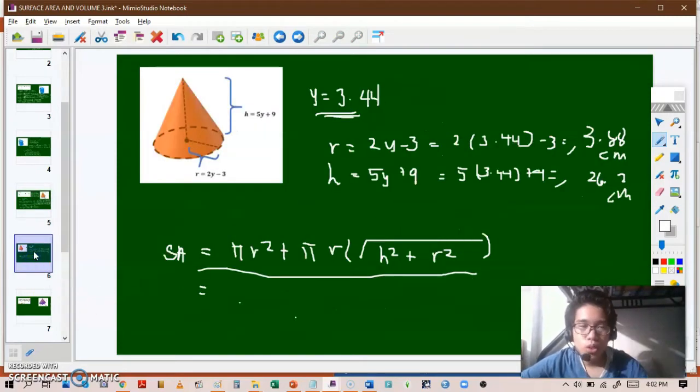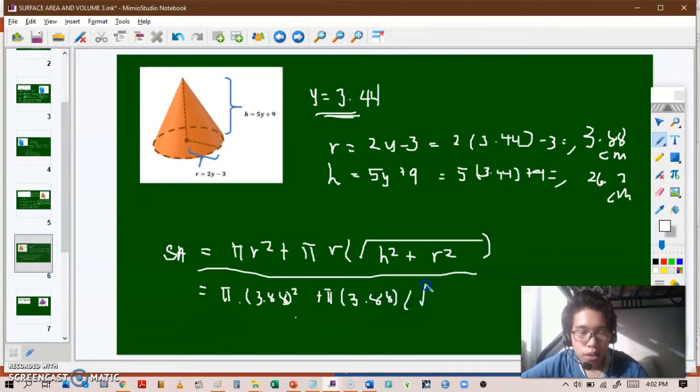Okay, to solve this, we simply substitute r and h. So that's going to be pi times r, where r is 3.88, squared, plus pi times r, which is 3.88, multiplied by the square root of h squared, which is 26.2 squared.